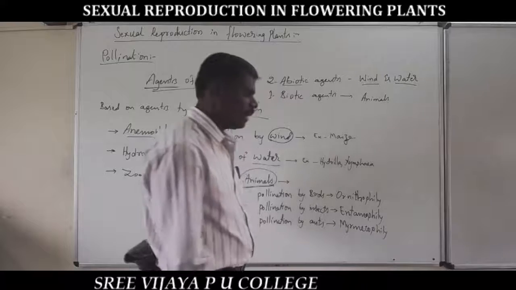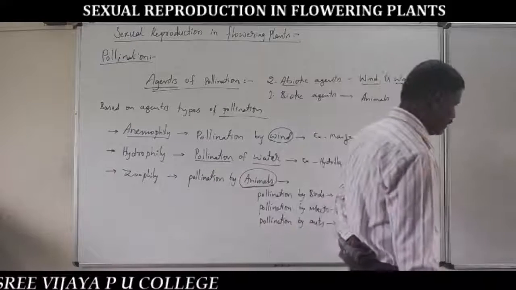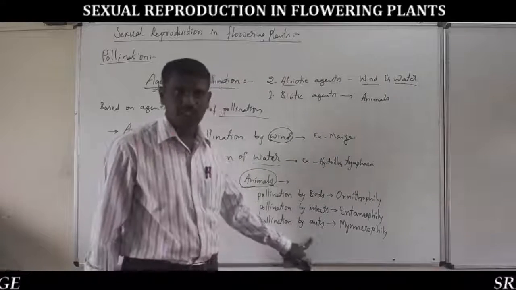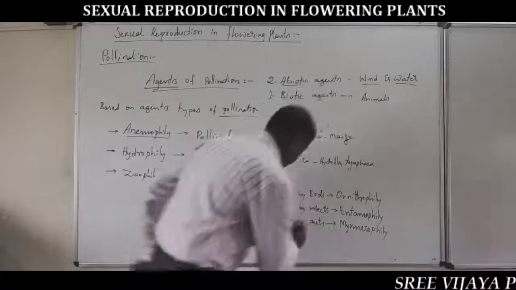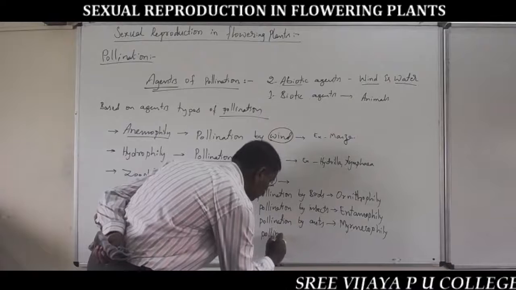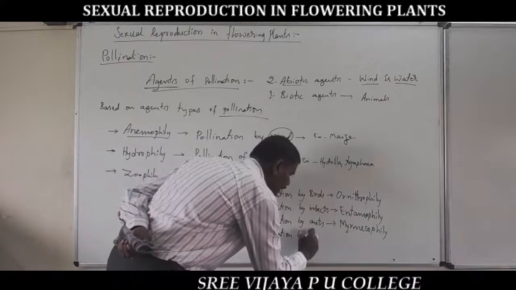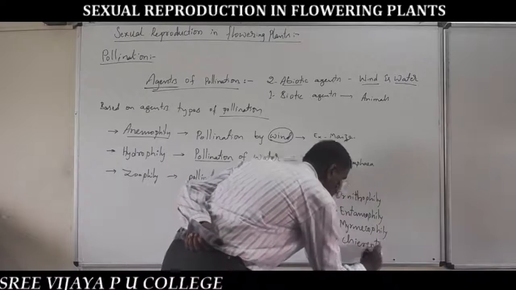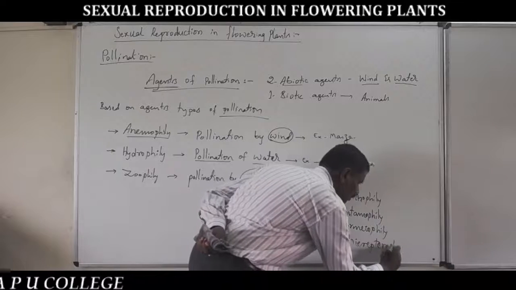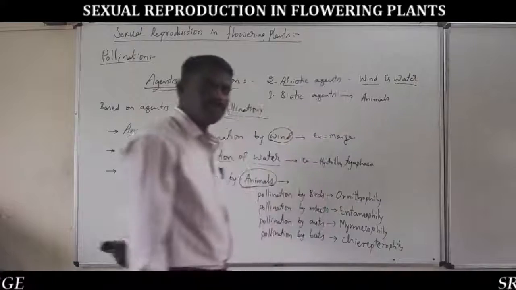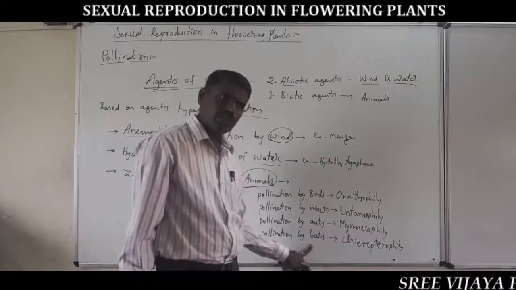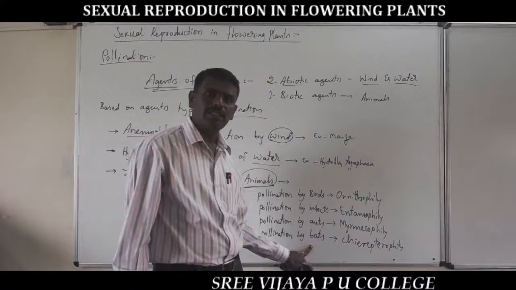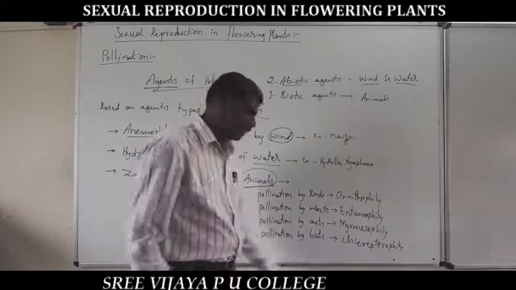As we see in the mango, that is myrmecophily, pollination by ants. Another one is pollination by bats, that is chiropterophily. The bats also visit the flower for successful pollination. That phenomenon is called chiropterophily.